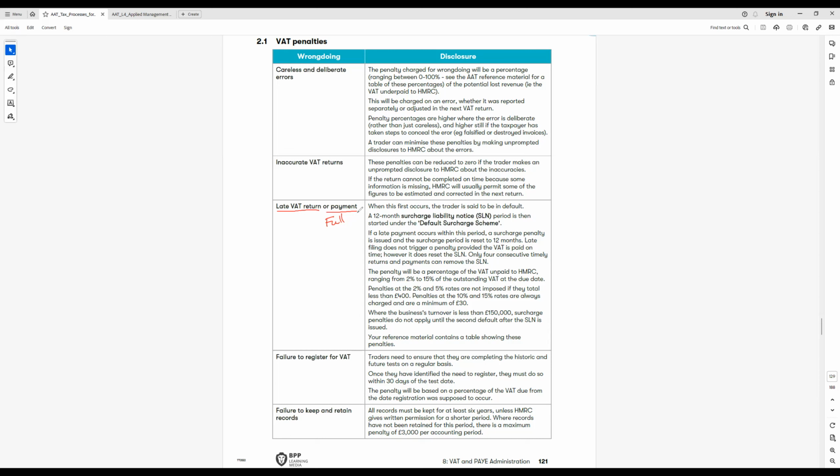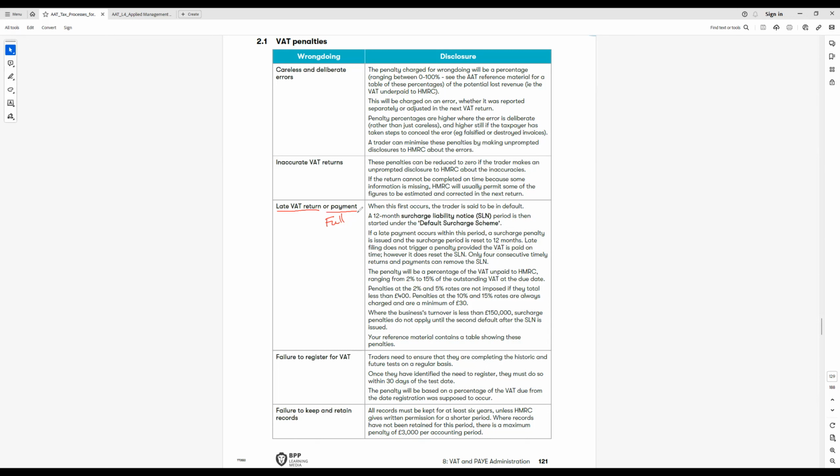So a late return or a late payment will be considered for the penalty purpose. Sometimes in the exam, the question can say they submitted the VAT return on time but didn't make the payment. Remember that is the same thing. Either you submit late or you make the payment late, it will give you the same penalty.